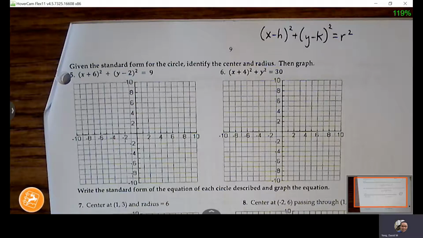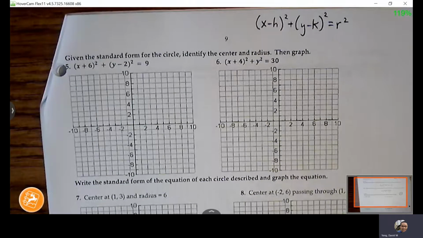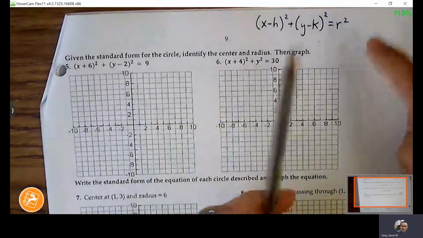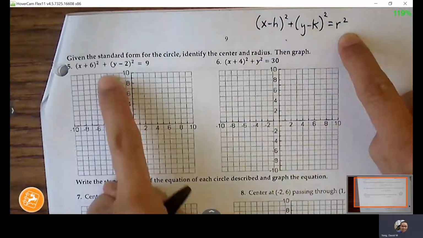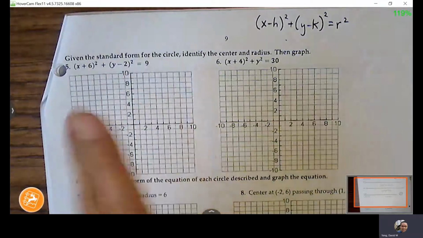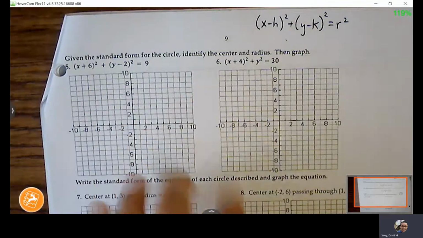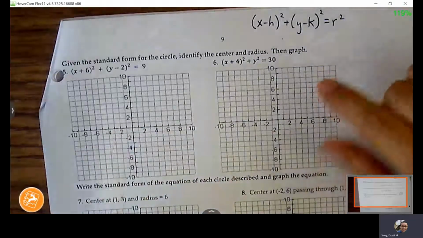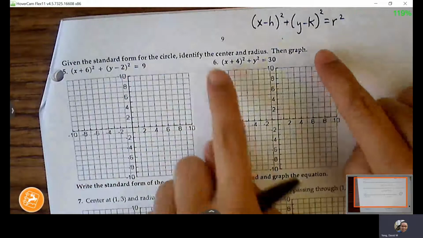You guys okay at this page? Okay. So it says, given the standard form of the circle, okay, so here we have standard form. Monday, we're going to be working on problems where we have to get it into standard form using completing the square. But for now, everything will be in standard form. Identify the center and the radius.